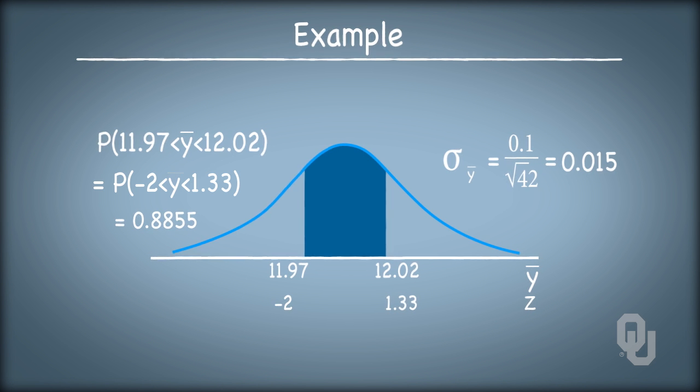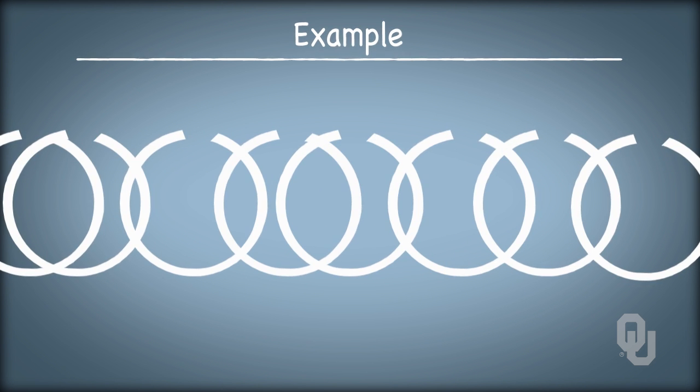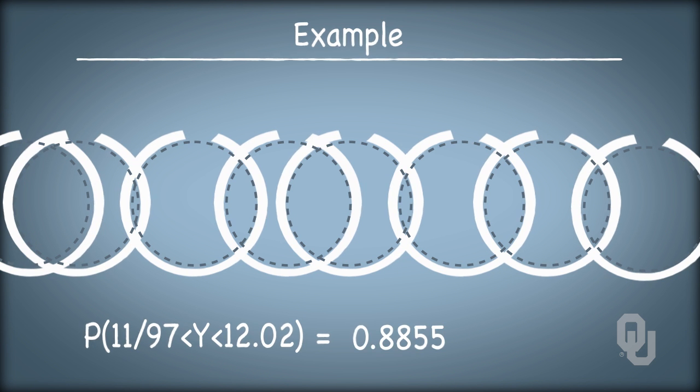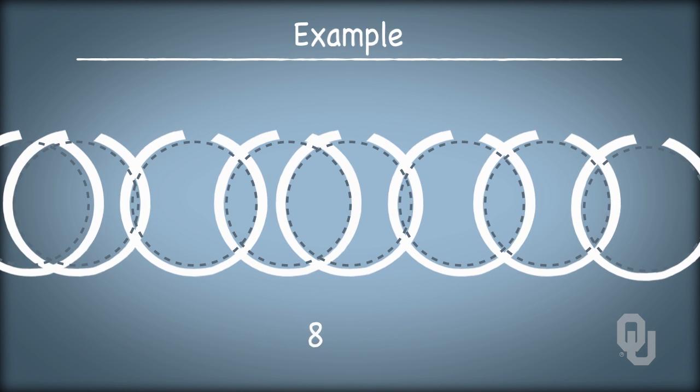That is, if we take a sample of 42 piston rings, the probability that its sample mean inside diameter is between 11.97 and 12.02 centimeters is 0.8855. Or 88.55% of samples of size 42 will have mean inside diameters between 11.97 and 12.02 centimeters.